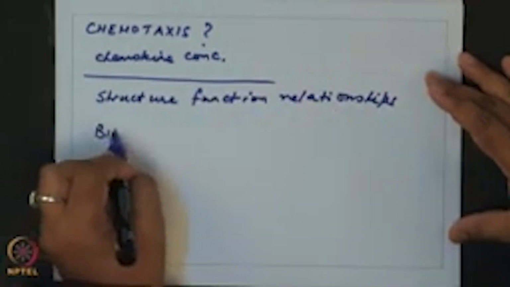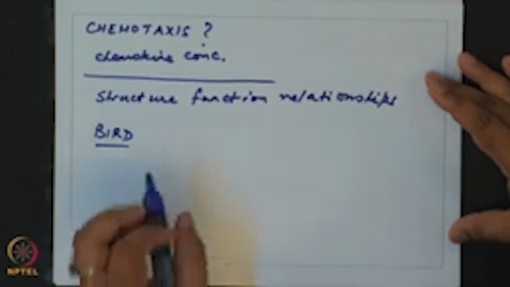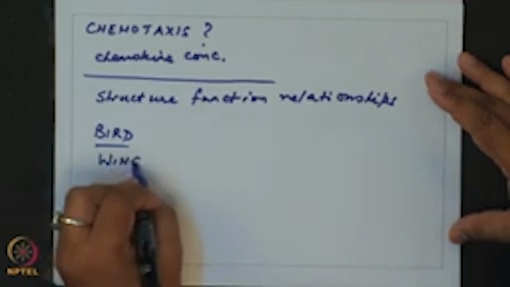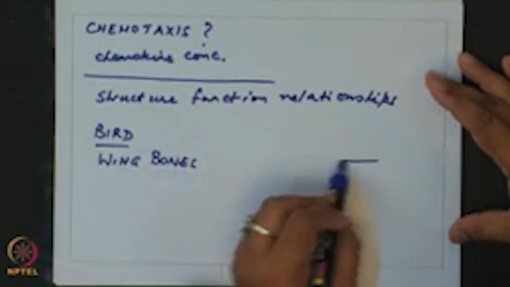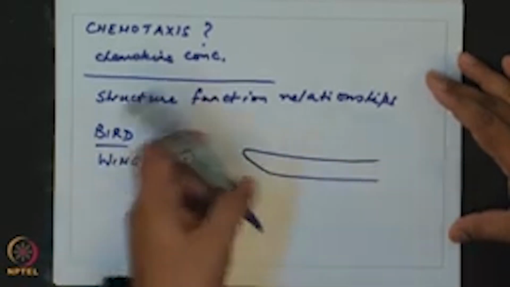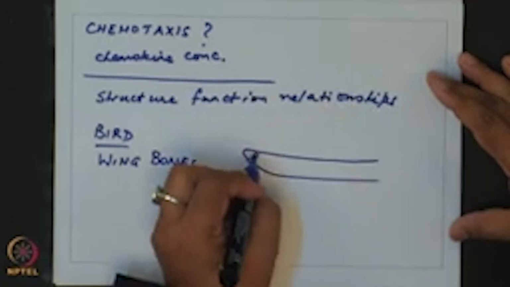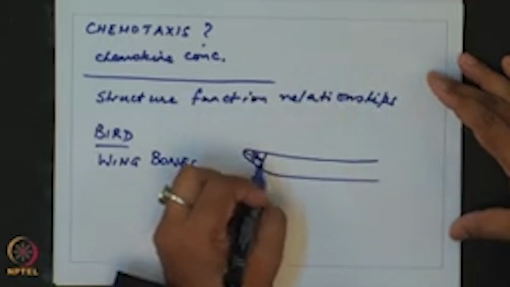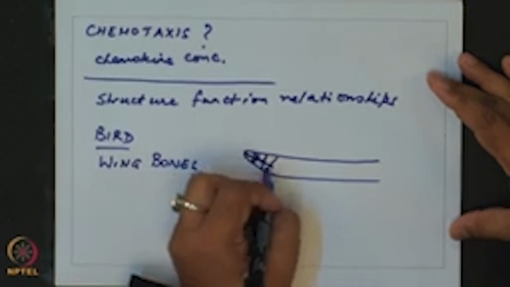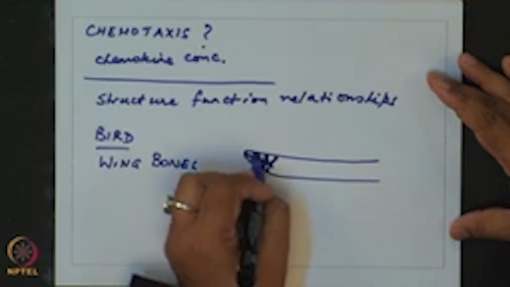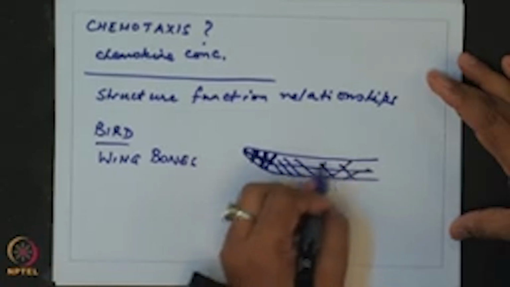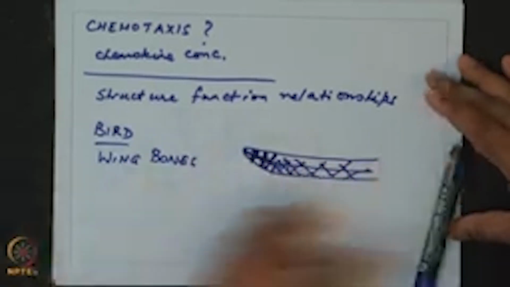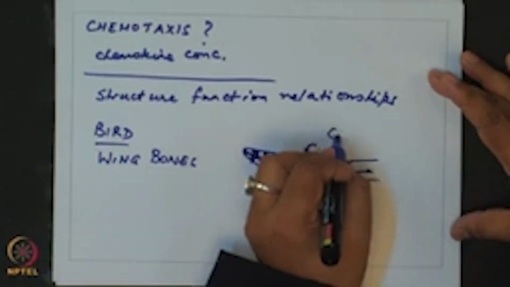If you take the example of a bird and look at its wing bones, you would have a structure where this portion of the bone is continuous.